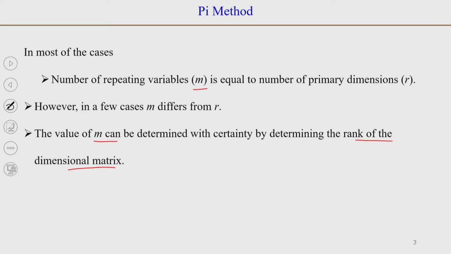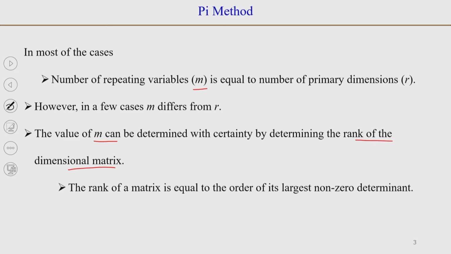Just to remind ourselves, the rank of a matrix is equal to the order of the largest non-zero determinant. So, if you make a determinant from the dimensions of the matrix, then the rank of such a matrix will be the value of m.